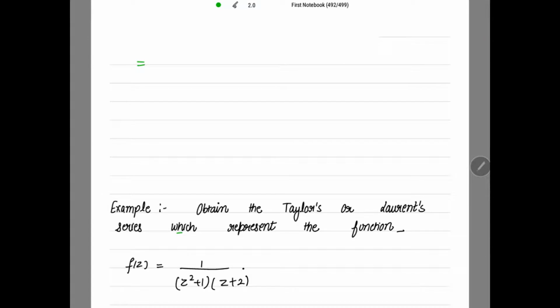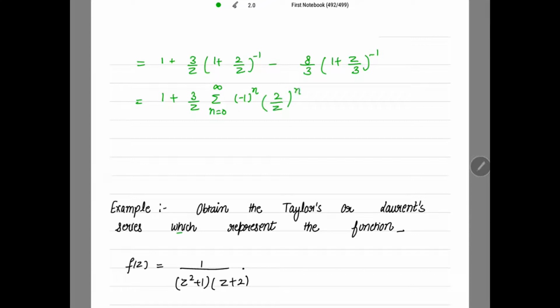So this is equal to 1 plus 3 by z, (1 plus 2 by z) inverse, minus 8 over 3, (1 plus z over 3) inverse, which is equal to 1 plus 3 by z, summation n going from 0 to infinity, (minus 1) to the power n, (2 over z) to the power n, minus 8 over 3, summation n going from 0 to infinity, (minus 1) to the power n, (z over 3) to the power n.